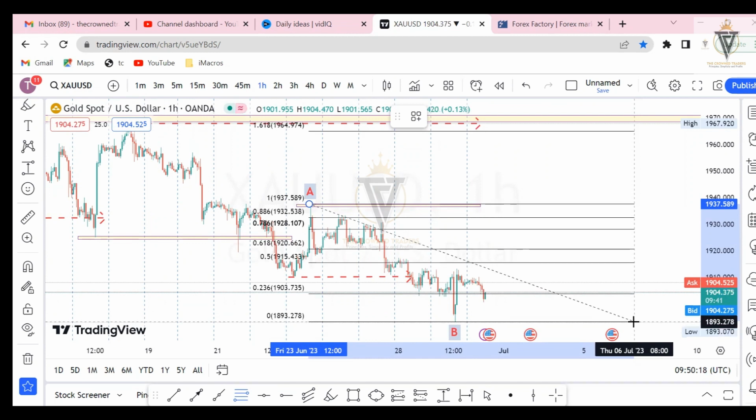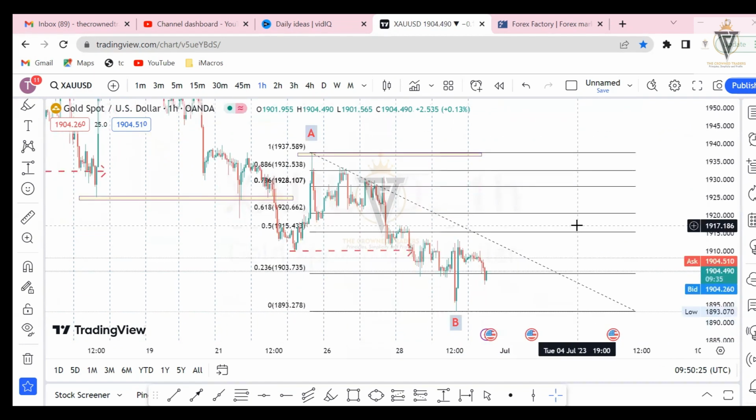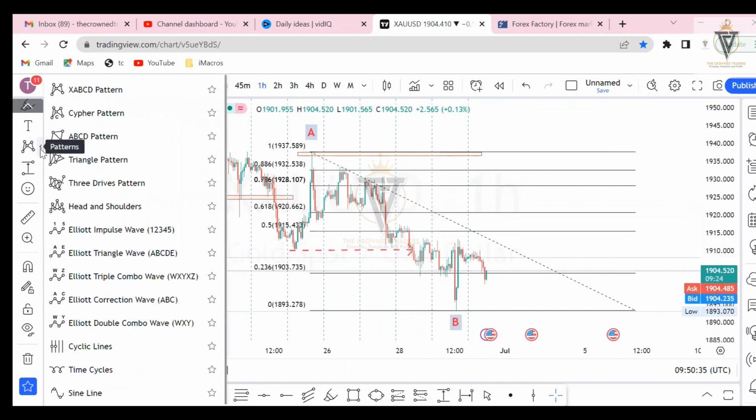So, properly marked. As you can see now, gold has been mapped out for a sell. Whatever it gives to us right now is what we will take.